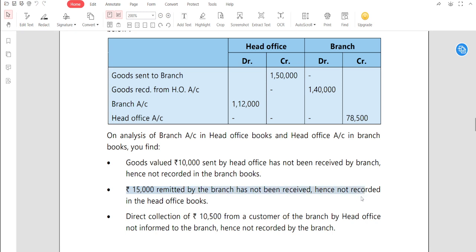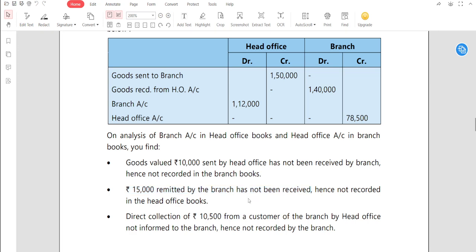So when HO receives 15,000, it should be deducted from the balance, because HO shows that they are going to receive 1,12,000 from the branch. But actually they are going to receive less than 1,12,000, that is 1,12,000 minus 15,000, because they have not recorded the entry of 15,000 received from the branch.